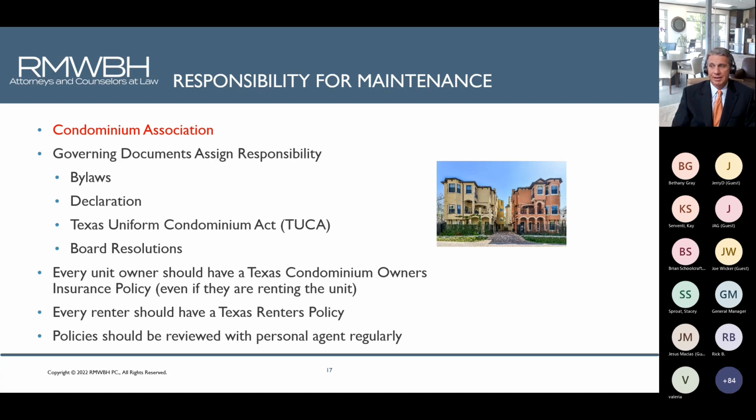But at the very least, let renters know, hey, as a renter, you're going to have your own renter's policy. It's not going to be covered by the owners. We're going to talk more about this later on. Policy should be reviewed with a personal agent regularly. That is an area that I cannot emphasize enough, and I'll speak to that a little bit later.